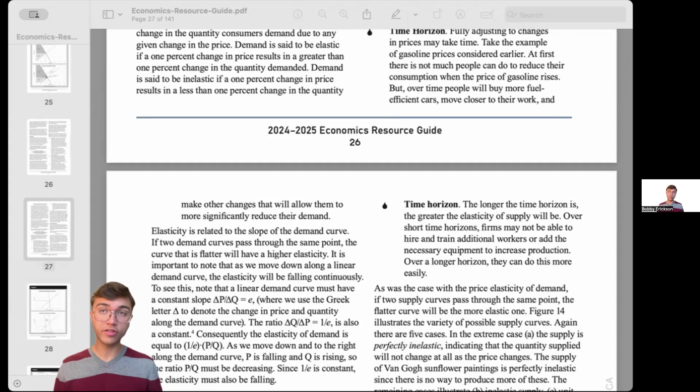And so this will increase the price elasticity of demand, because people are more willing to get out of the market for gas and therefore decrease the total quantity demanded.